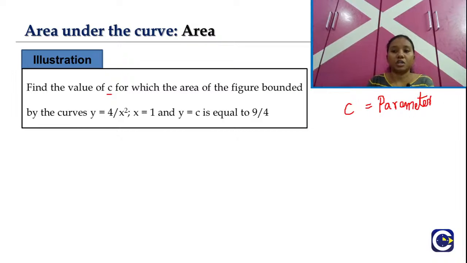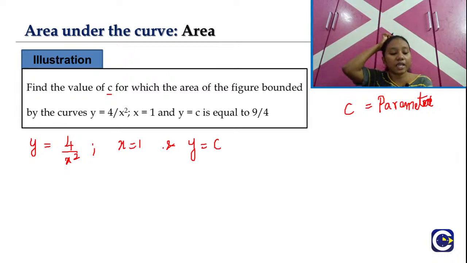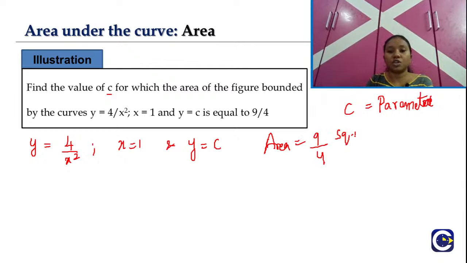Find the value of c for which the area of the figure bounded by the curves y equal to 4 by x square, x equal to 1 and y equal to c is given to be 9 by 4 square units. So using this area you have to find this unknown parameter c.